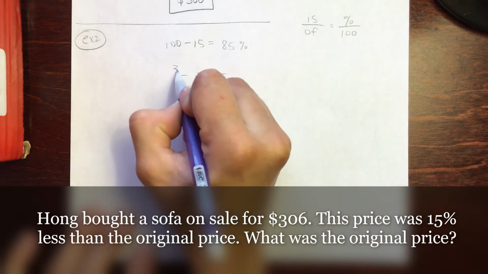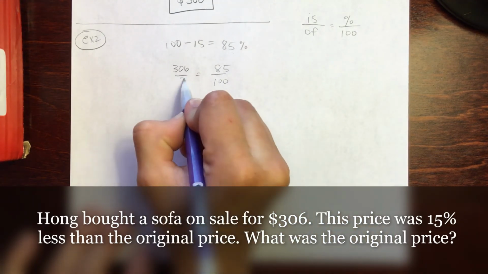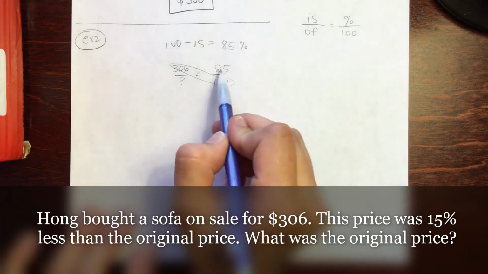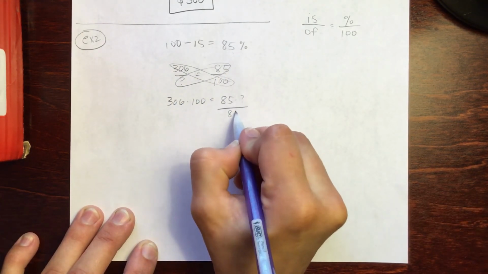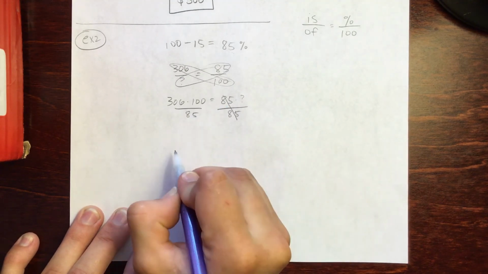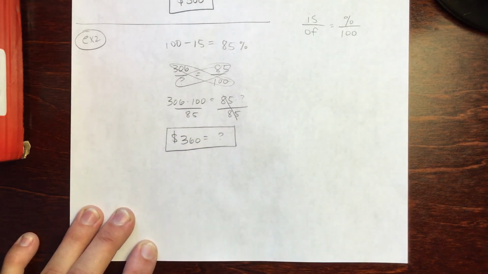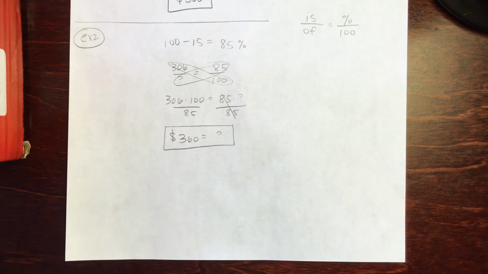So 306 is 85% of what? We're going to do just like we did before, cross multiply and solve. Type it into your calculator and you will get the original price is $360.